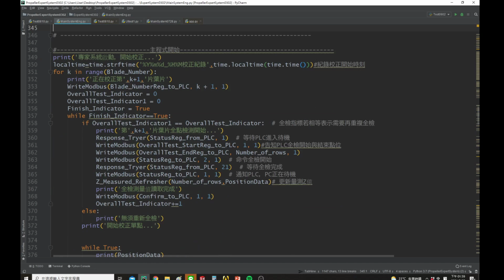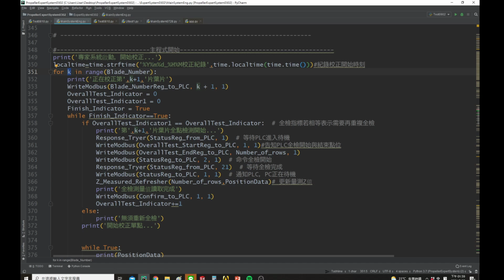And then we have a for loop over the blades of a propeller. For example, now we have 4 blades, so K will go from 0 to 3: 0, 1, 2, 3.